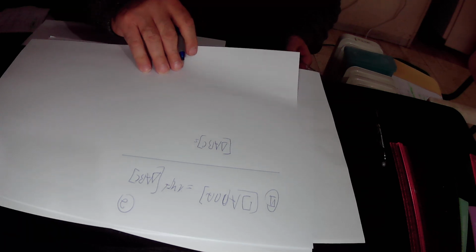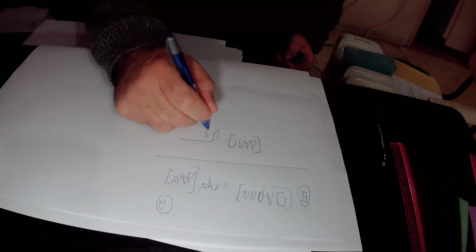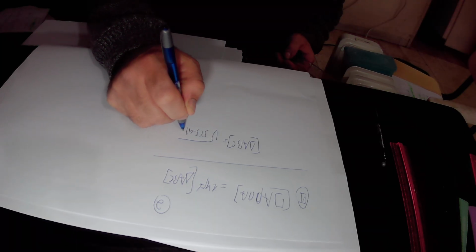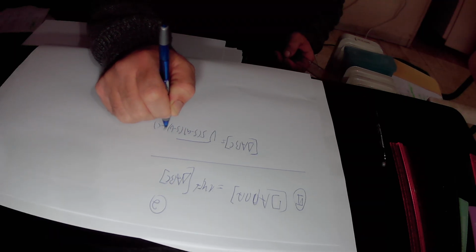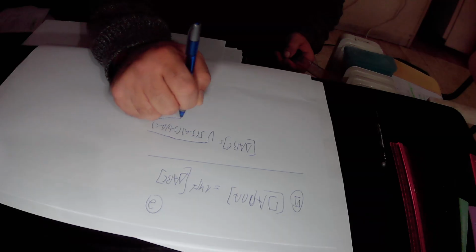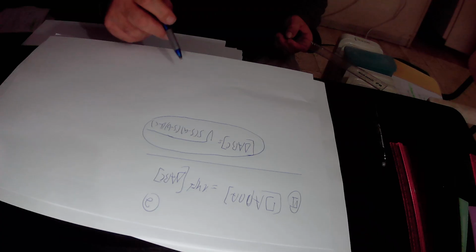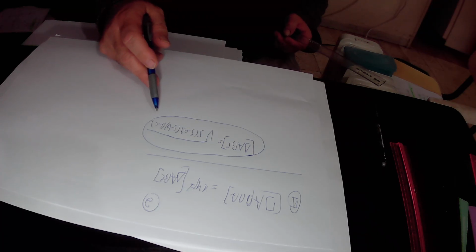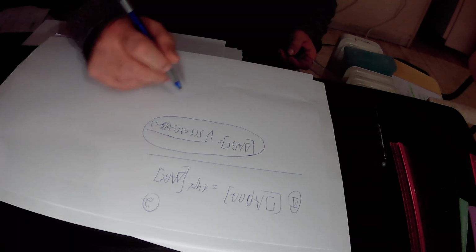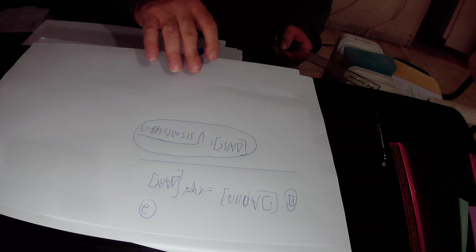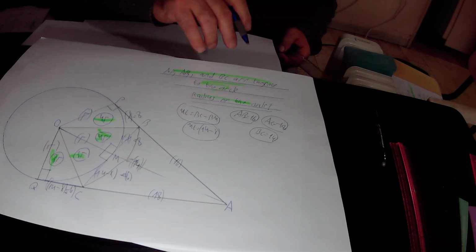The area of any triangle equals the square root of S times S minus A times S minus B times S minus C. Repeat again, the area of any triangle ABC is equal to the square root of S times S minus A times S minus B times S minus C. S is the semi-perimeter of this triangle ABC.